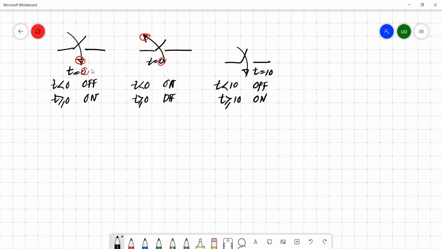Likewise, by looking at the value and the direction of the arrow, you can easily decide the operation of the switch.